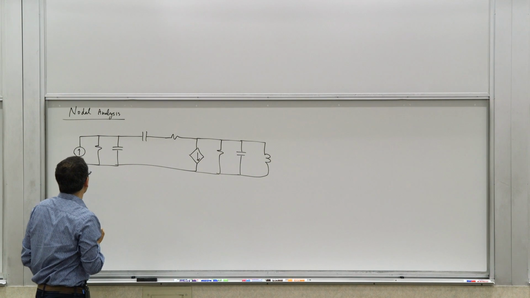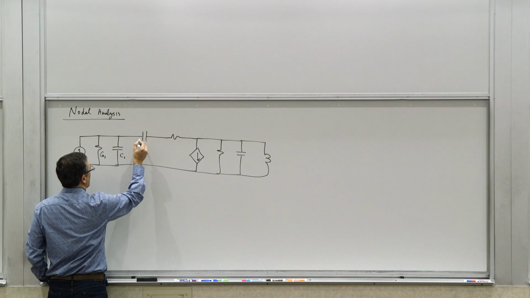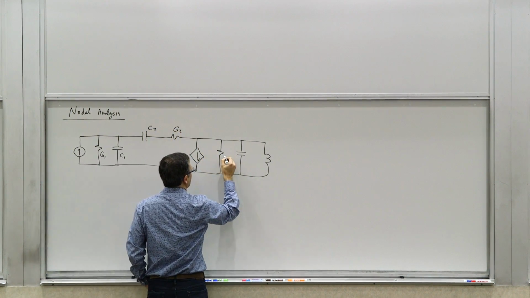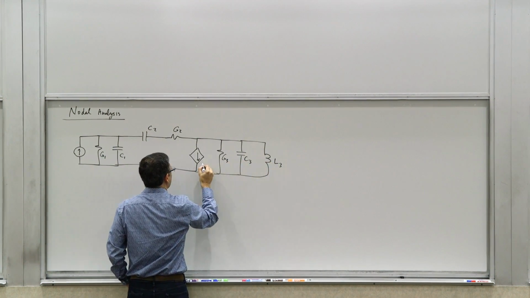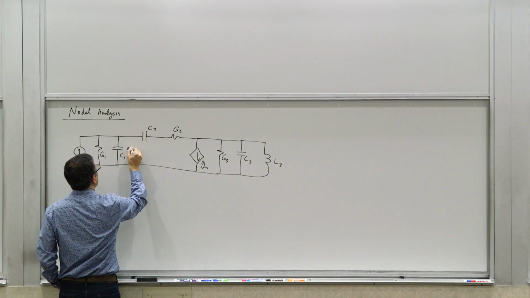Let's say you have a network like this. We can give the elements names. I can call them G1 or R1, C1, C2, G2. You can call this G3, C3, L3. And then this can be GM, let's say GM related to this V pi.